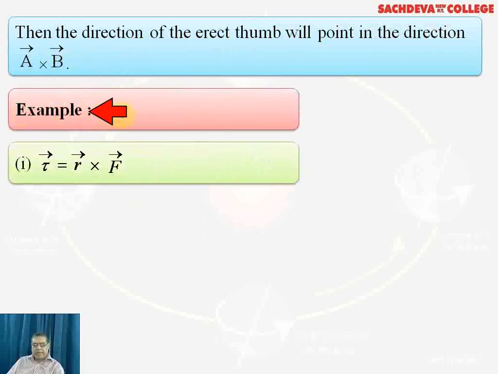Now there are certain examples. The vector torque is the cross product of R and F, where R is the radius of rotation and F is the rotating force.